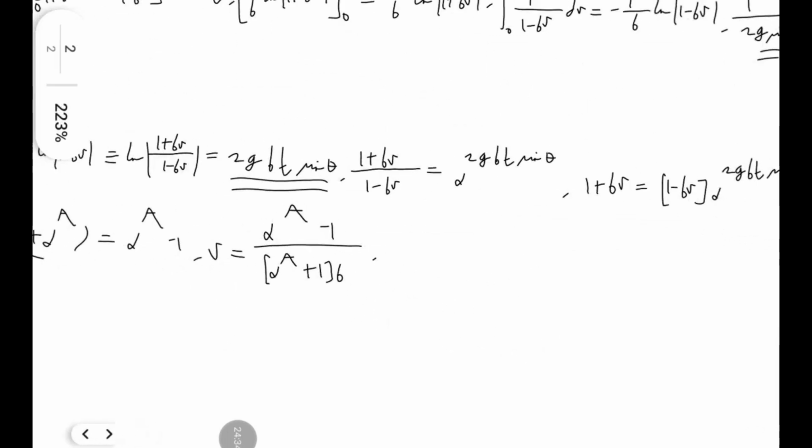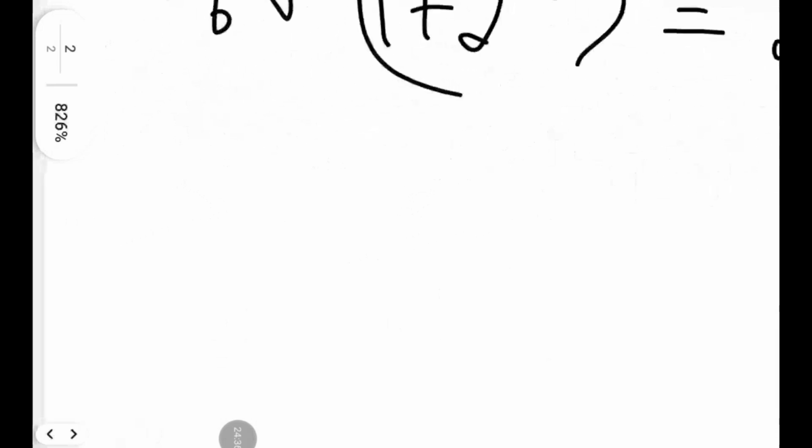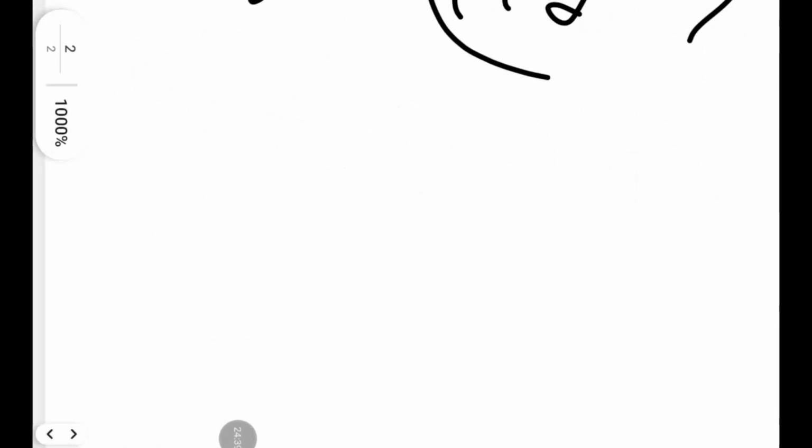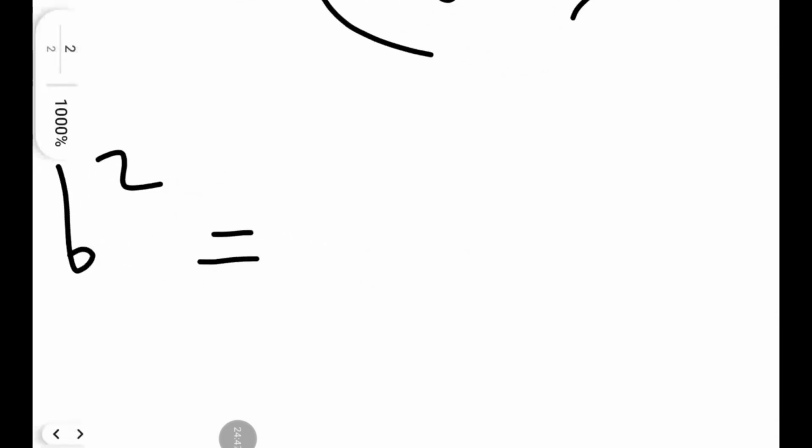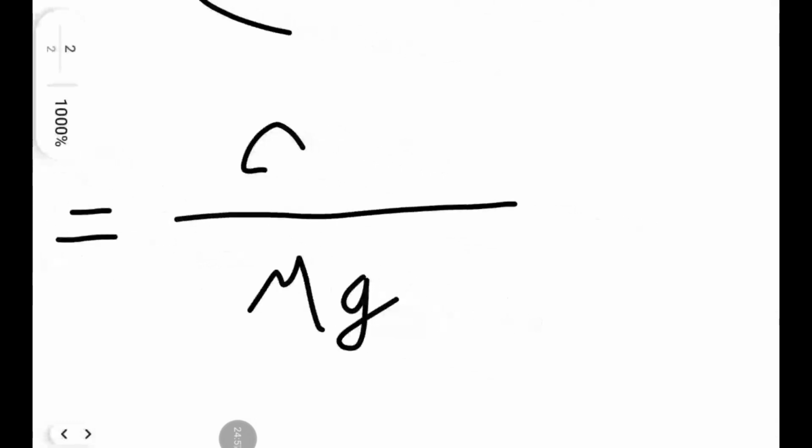And now, if we substitute in b and a, so both of them, remember b squared is equal to c over mg sine theta.